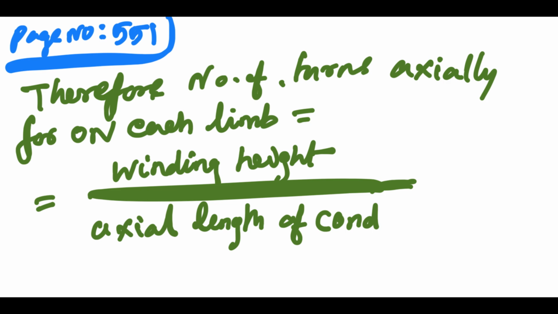Therefore, number of turns axially on each limb is the winding height divided by the axial length of conductor.